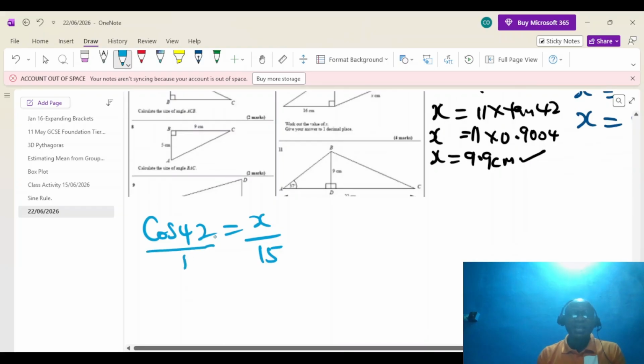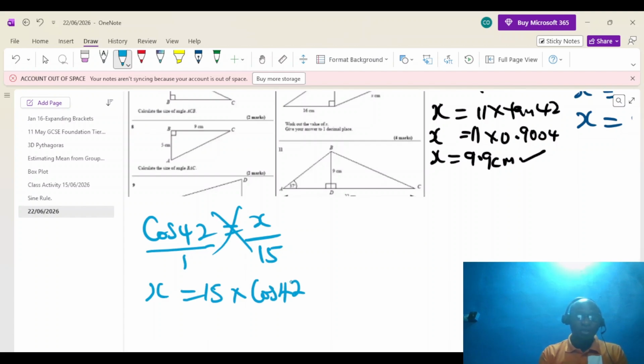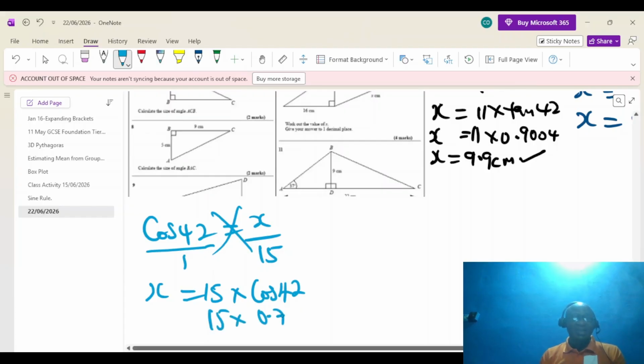At this point, I can cross multiply. X will multiply 1 to give me x, and then 15 will multiply the cos of 42. But from my calculator, cos 42 is exactly 0.7431, which I can now use to multiply 15, and I will get my final answer.